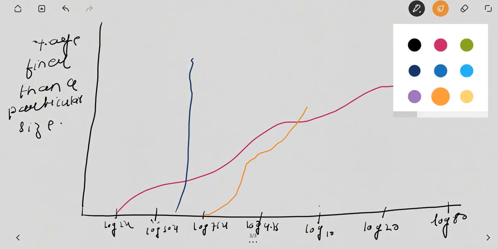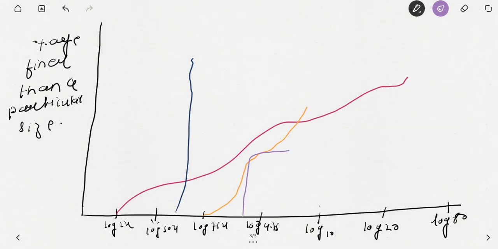Let there be another curve which looks like it is just being started and it goes like this. Just name it: this be curve A, this be curve B, the brown one, this be curve C, this be curve D.